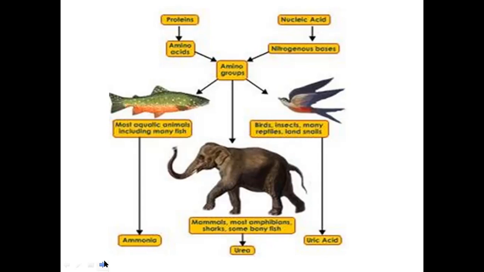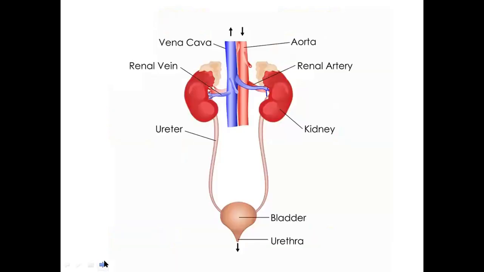How this urine is formed and which organs are associated, we'll see in the coming slides, including the organs of the urinary system in the body of a human being, which includes the kidneys, right and left, located at the dorsal posterior position of the body, then the ureter, which lies medially, and finally the bladder, which stores the urine collected from both the kidneys and lies anteriorly in our body, then the urethra.